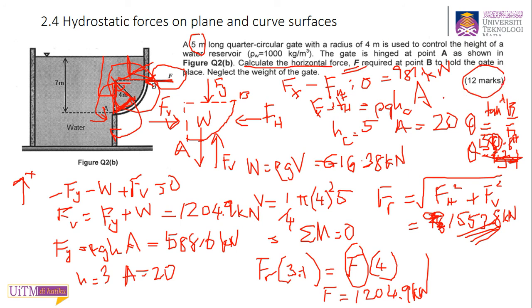This question, I think, is a past year question, but maybe not a recent one, because the recent one should give 12 marks already for how to calculate the FR and the theta. These two already give you 12 marks. This might be the old format.